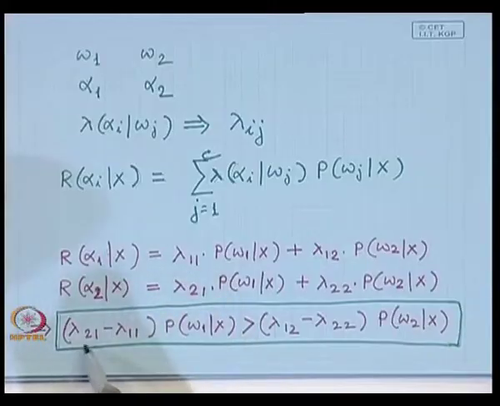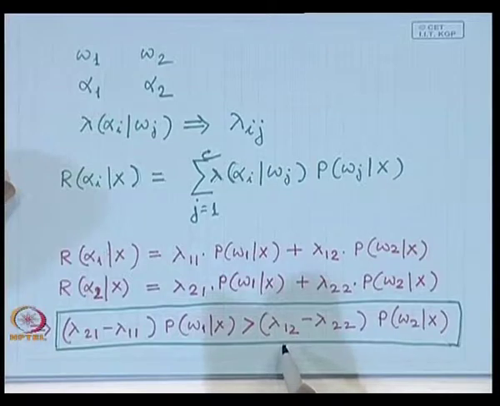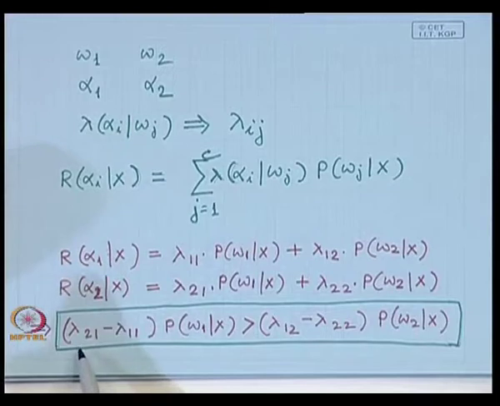Whereas, lambda 2 1 and lambda 1 2 are the loss for taking wrong decision, because we are taking action alpha 1 where the true state of nature is actually omega 2, or we are taking an action alpha 2 when the true state of nature is actually omega 1. So, naturally, lambda 2 1 will be much larger than lambda 1 1, because this is the loss for taking correct action.